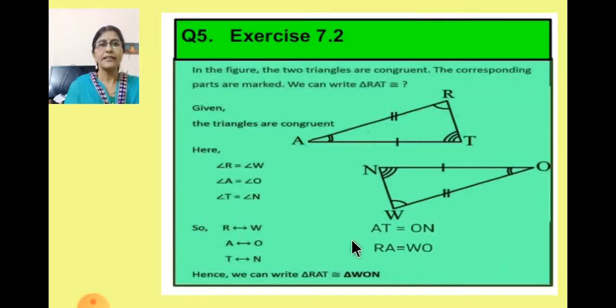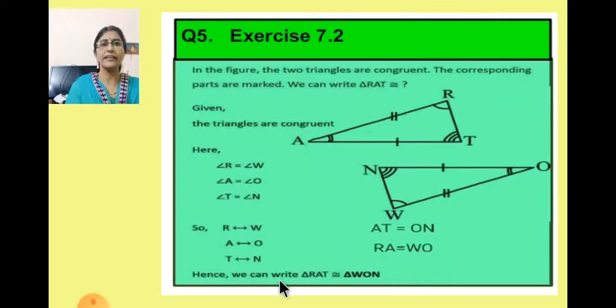After writing all this, we will write the corresponding vertices. You can see here this is the vertex R which is corresponding to W. So R corresponds to W. Similarly, this is point A which is corresponding to O. So A corresponds to O and T corresponds to N. So this way you will write down the corresponding vertices. So hence we can write, now we'll write down the question which is given, triangle RAT.